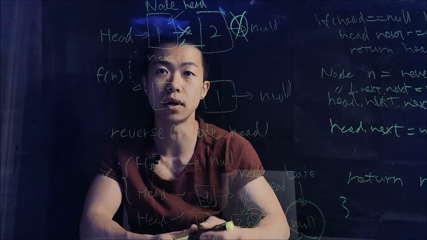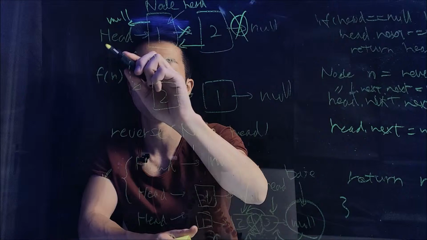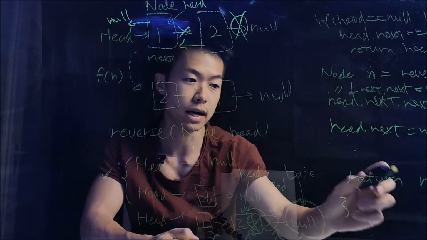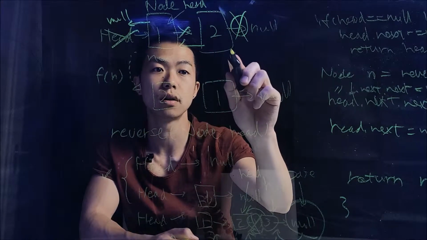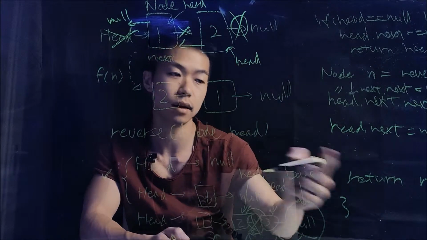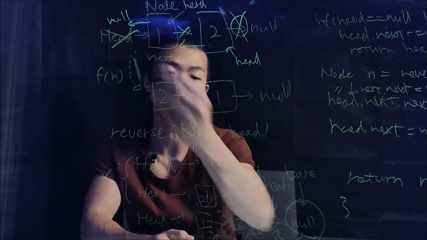So now it's actually pointing to null. And then we are returning n, which is 2, as a new head. So head is pointing to the new head as 2. So we just have head pointed to 2, 2 pointing to 1, 1 pointing to null.